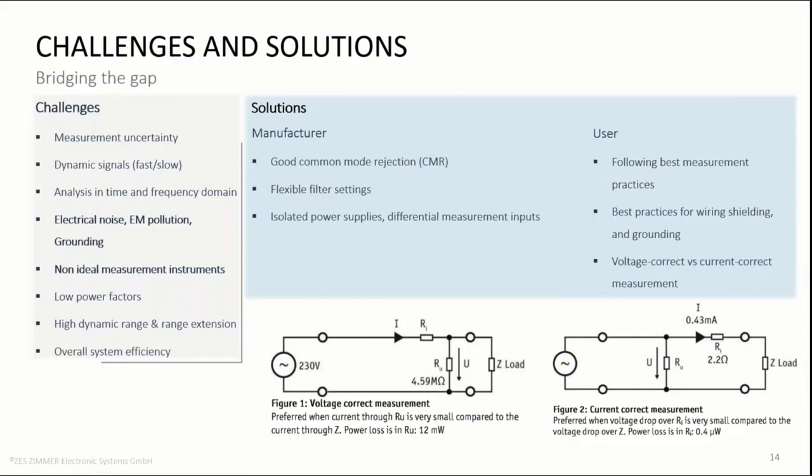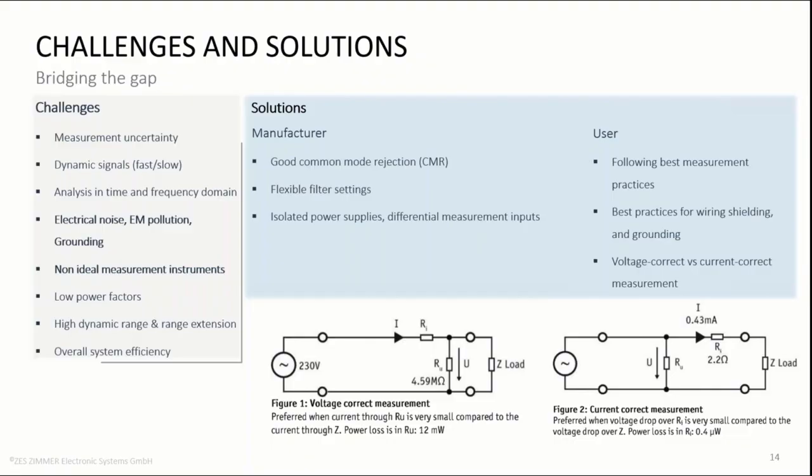Moreover, we know that ideal measurement instruments are only theoretical. So in reality, volt and amp meters have resistances that, in contrast to ideal instruments, are neither infinite nor zero. And this always leads to a current leakage on the voltmeter and a voltage drop on the amp meter.